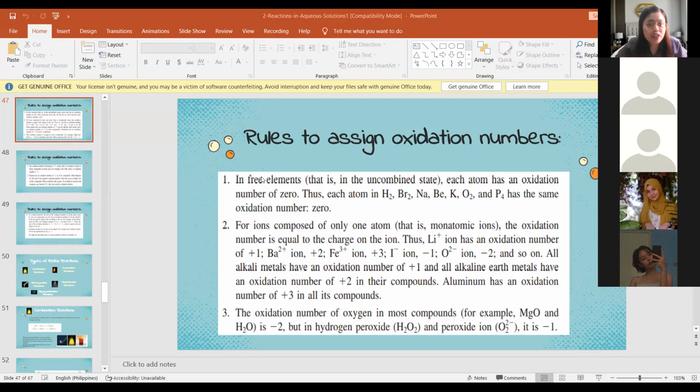So thus each atom in our polyatomic ions like the hydrogen, the bromine, including the oxygen, even if single or diatomic molecule or phosphorus na 4 ang subscript has the same oxidation number. It is still 0 as long as hindi siya nakakombine with other elements. Pag nakakombine lang siya sa sarili niya, matik 0 pa rin.